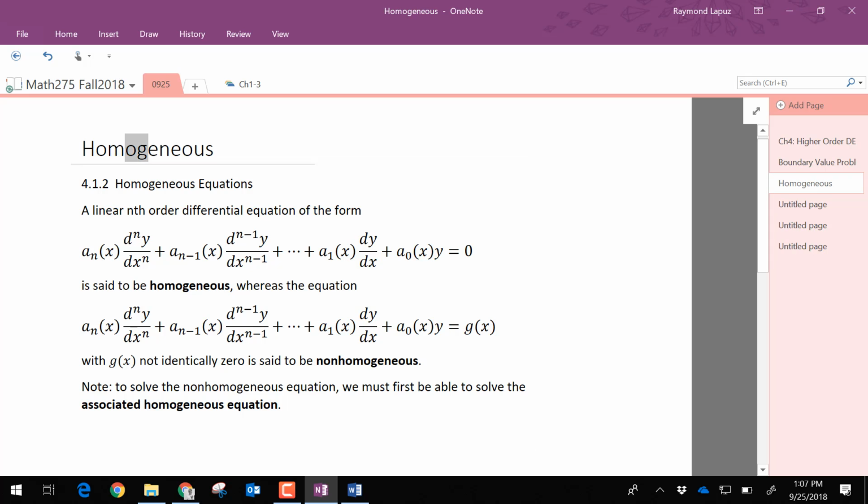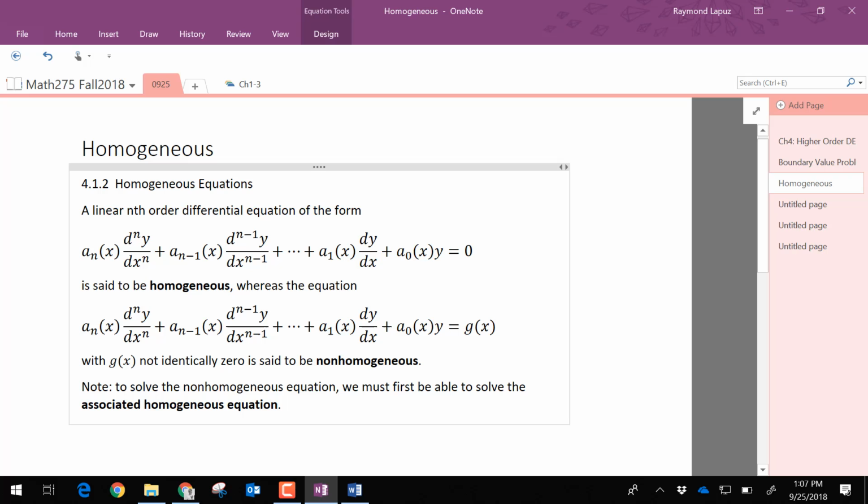And when you abbreviate homogeneous, like I've seen in some of your test responses, try to use HOM instead of HOMO.